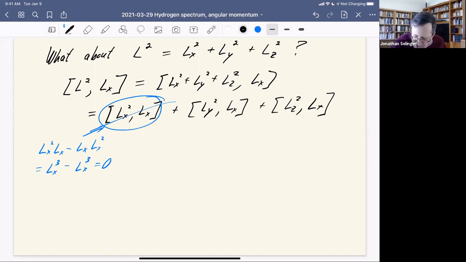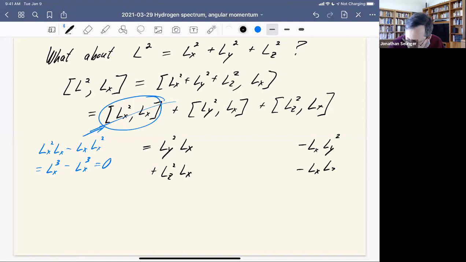This combination is Ly squared Lx minus Lx Ly squared. And then the next commutator is plus Lz squared Lx minus Lx Lz squared.